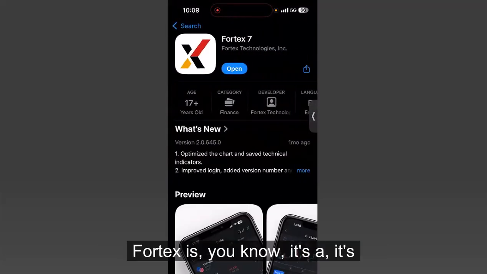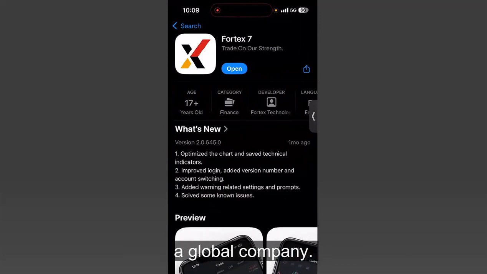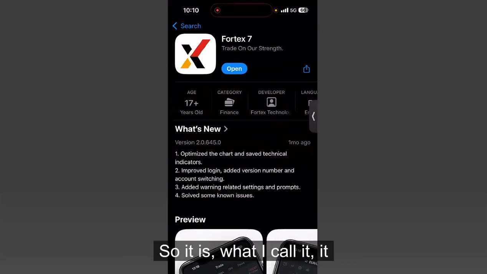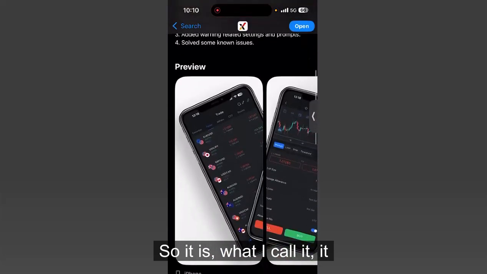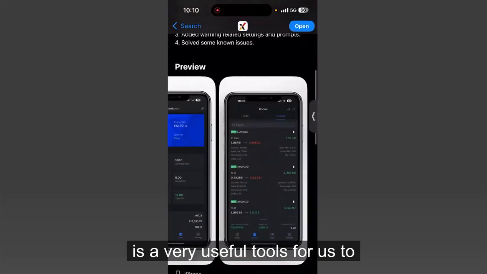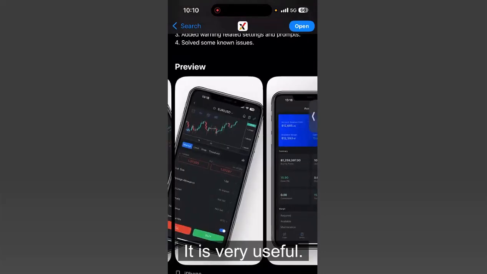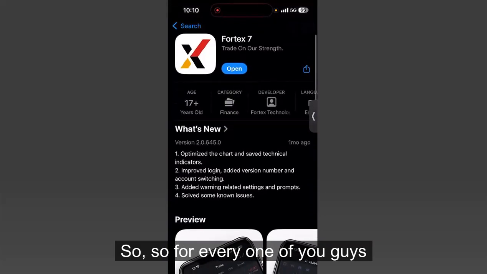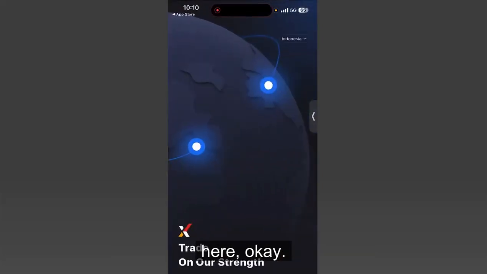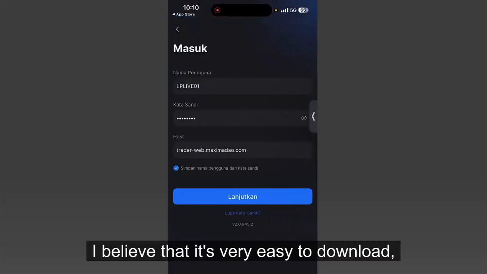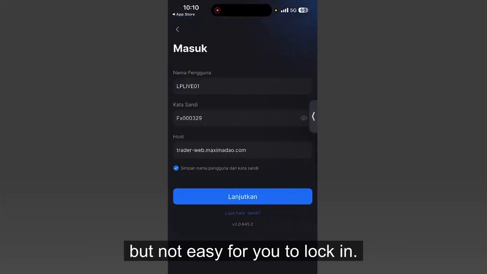Fortex is a global company. It is a very useful tool for us to trace our trades. For every one of you, I believe it's very easy to download, but not easy to log in.